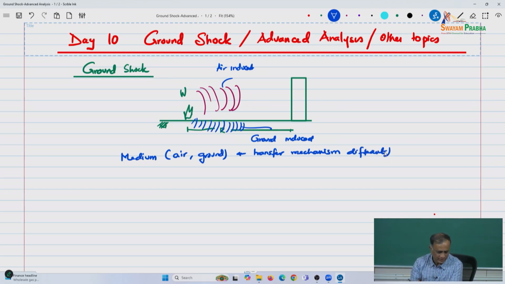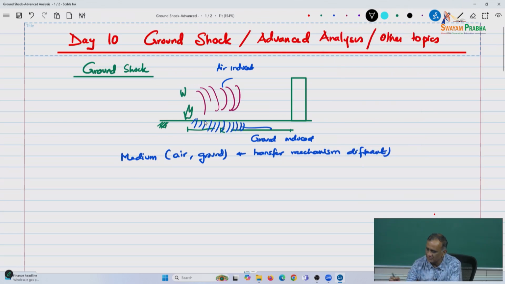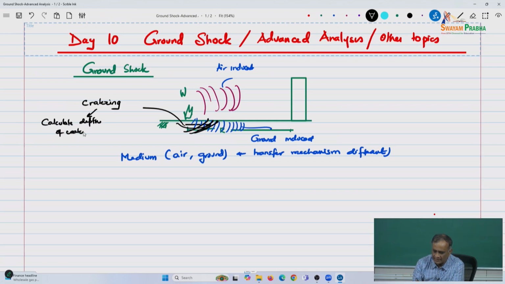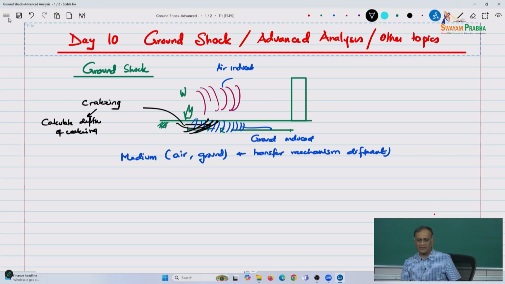We start with, for instance, a phenomenon that occurs in the ground called cratering. So here you'll have crater formation directly underneath, and cratering is also something you can calculate. I won't get into it today, but you can calculate the depth of cratering due to charge weight. This can be calculated, so that effect is there.